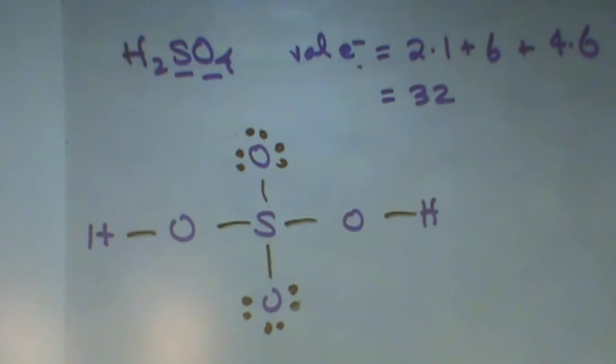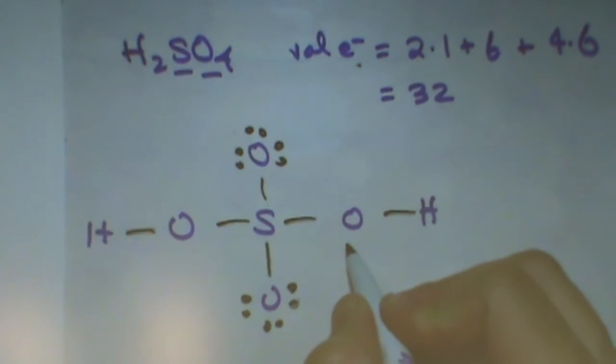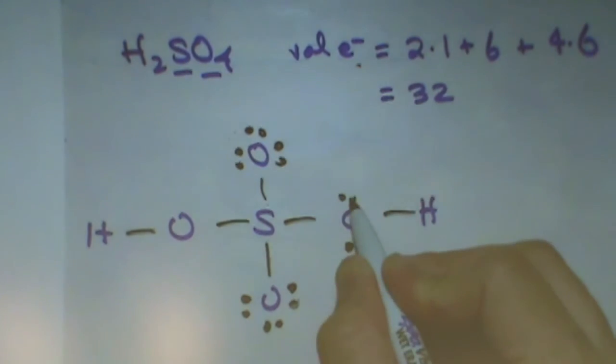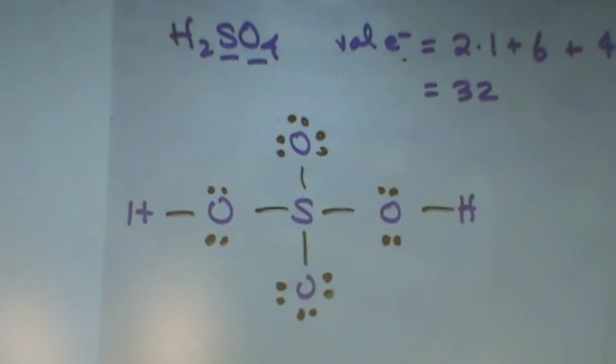So the hydrogens are maxed out right now. So now I'll go to more internal atoms. I'll go to the next set of oxygens. I think I was at 24. Does that sound right? Okay, 24, 26, 28, 30, 32. So I have 32 of 32. By the way, if I had more electrons to fill in, where would I go next? To the sulfur. Is there a question? Yeah.